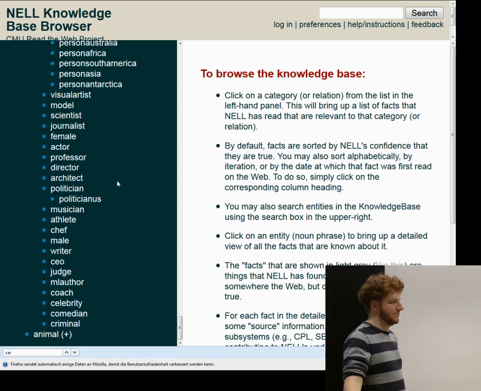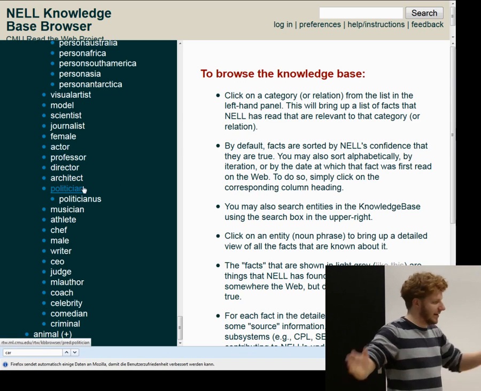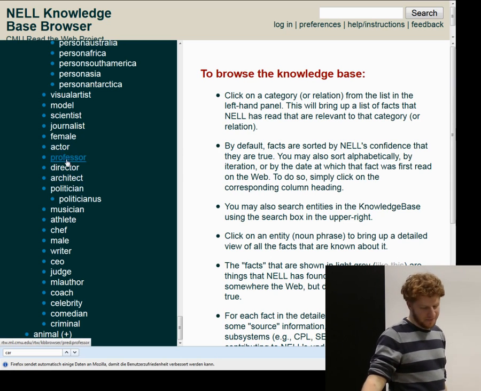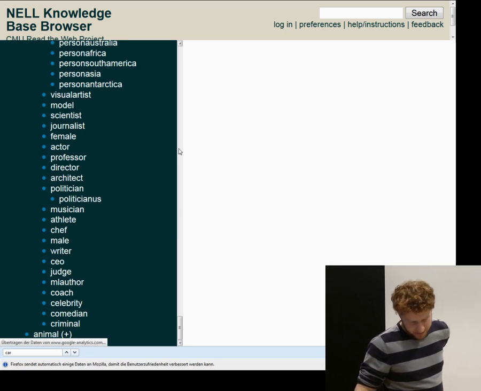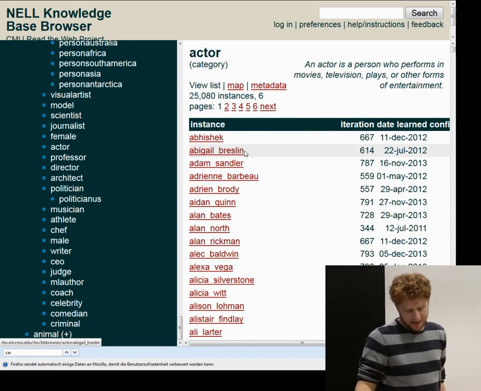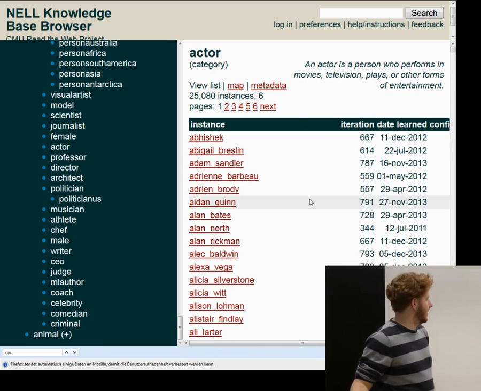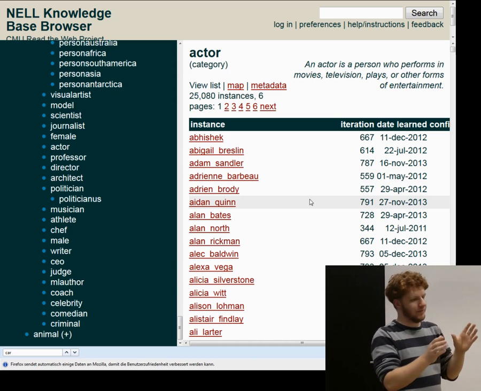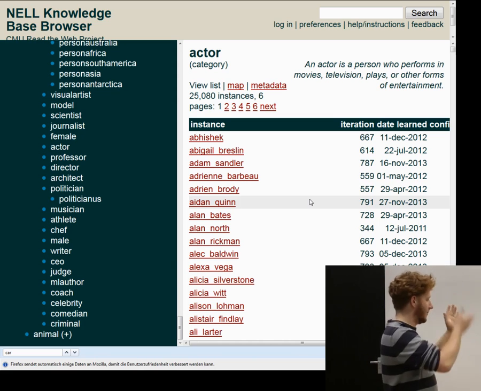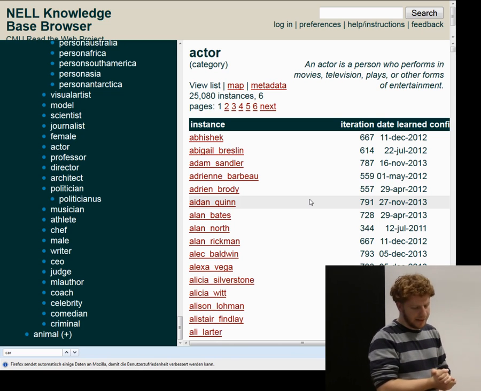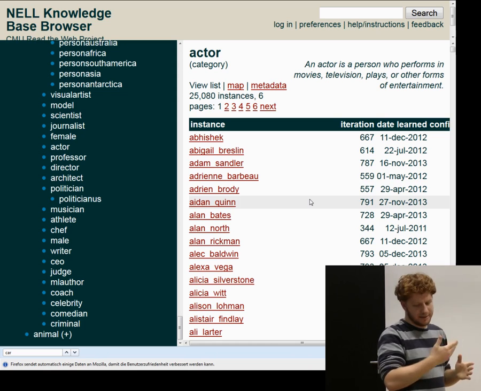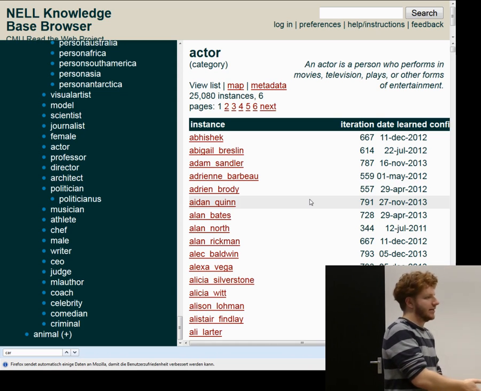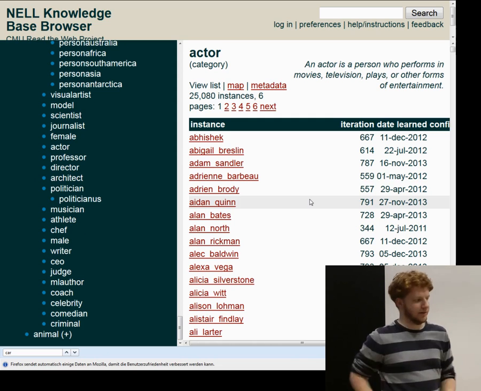Yes. We can assume that there was some text which said, for example, that Adam Sandler is an actor, and the system sees that and promotes this as an instance of some category, and if it sees another person who is also an actor, it promotes this category as a new category, so we can use it for others.